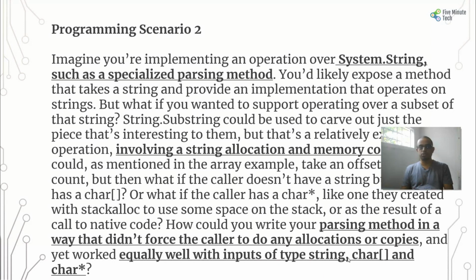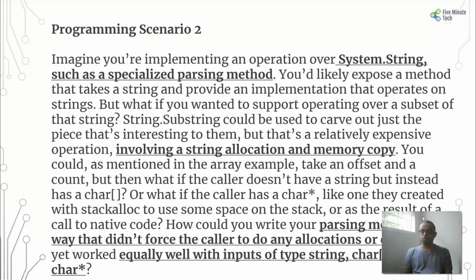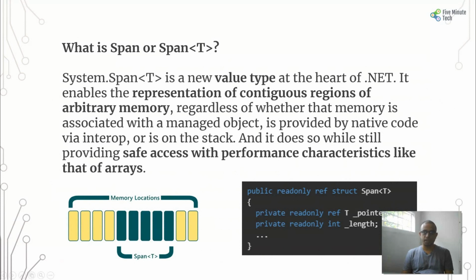So no memory allocation required, no copies required, and yet it worked equally well with inputs of type string, character array and char pointer. So all these scenarios are there to explain the use case wherein Span fits pretty well. So let's jump into what is Span.